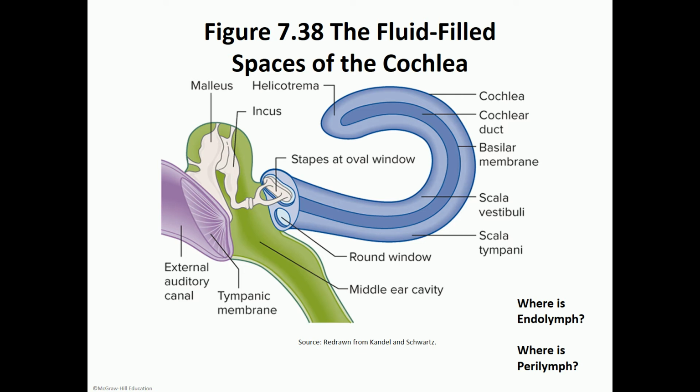Now, if we take more of a diagrammatic or schematic representation of the different parts of the ear. So again, this is your tympanic membrane. That is the middle ear with the three ossicles, the malleus, incus, and stapes.